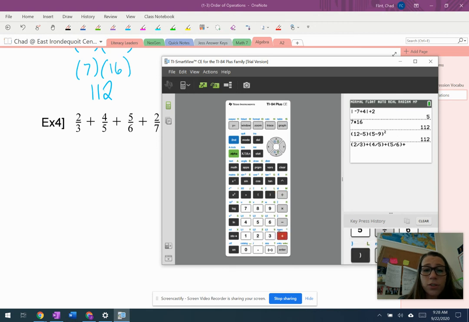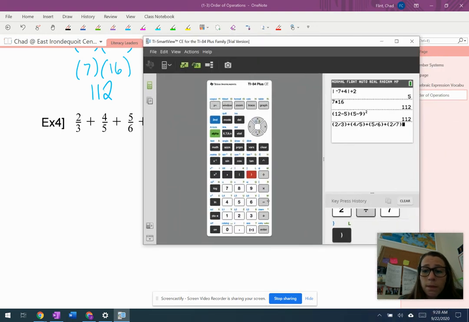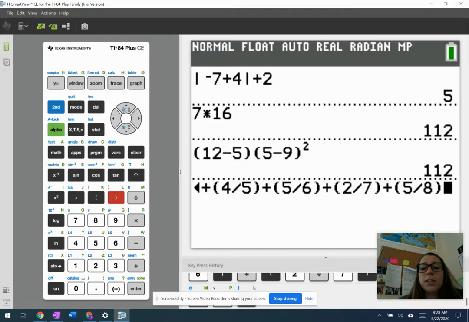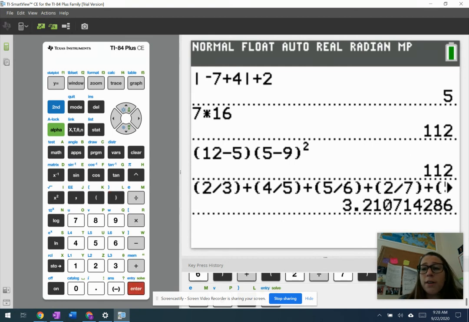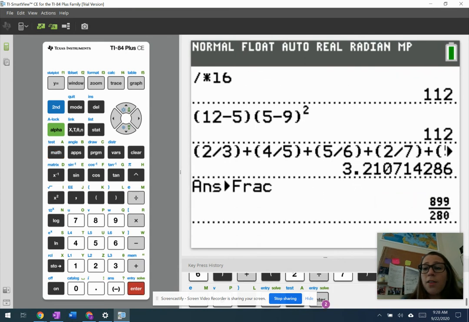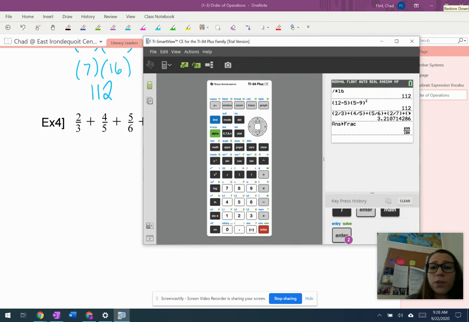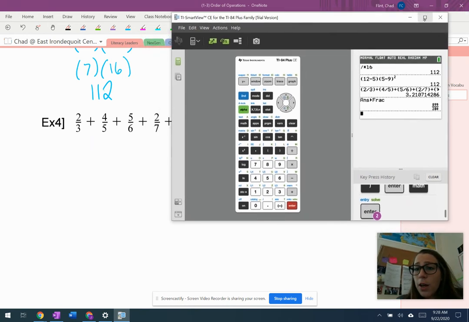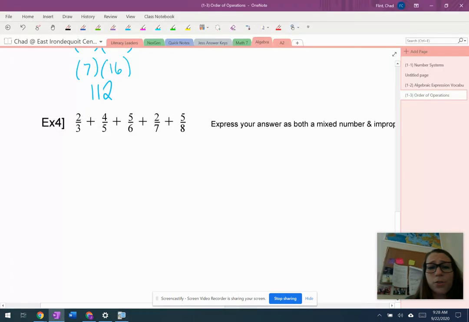Remember, all my fractions are in parentheses. Plus 2/7 plus 5/8. So you can see there, I typed in every single one of those fractions in its own set of parentheses, adding them all together. Hit enter, and I've got a nice ugly decimal. Remember, if you hit your math, frac, enter, enter, that will do the wonderful job of turning your answer into a fraction for you. So we got 899 over 280.